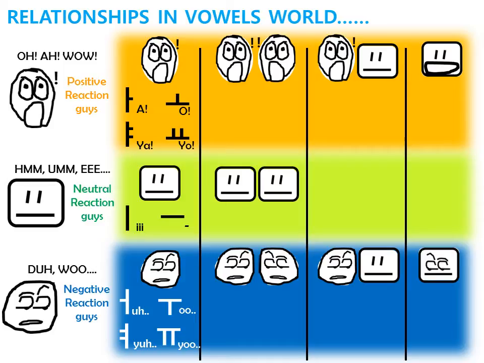Moving on to the next column, sometimes you see people hanging out with a similar nature. So we have one combination which is O and A put together, so it becomes wa. Okay, O and A put together, it becomes wa.